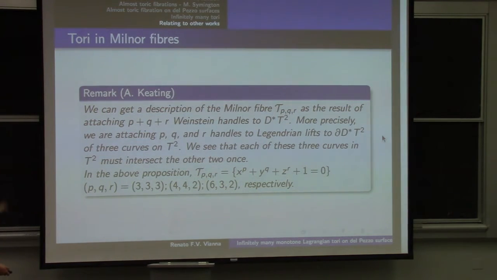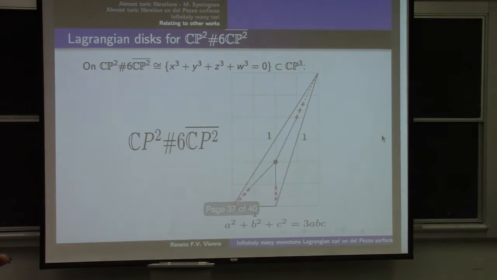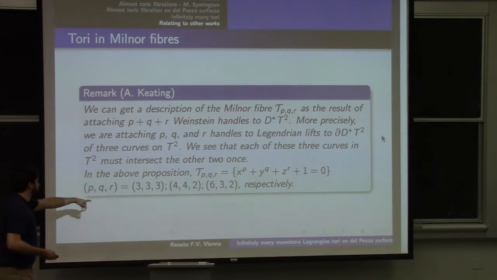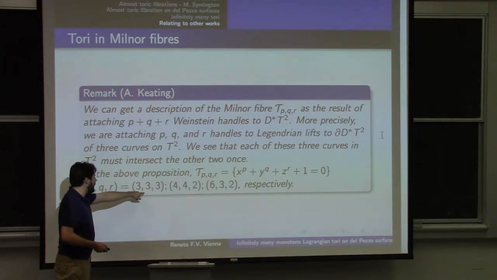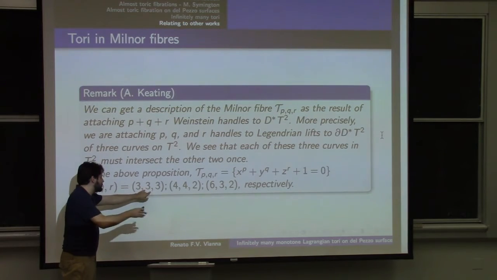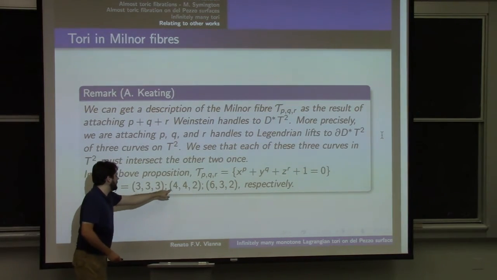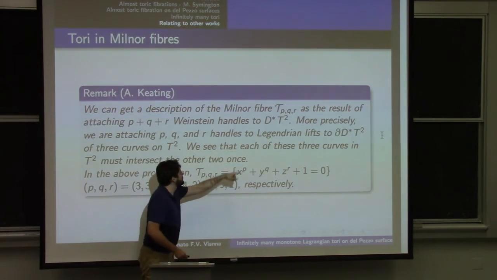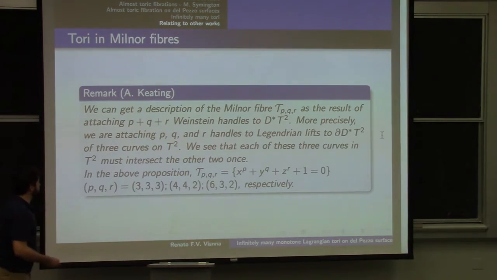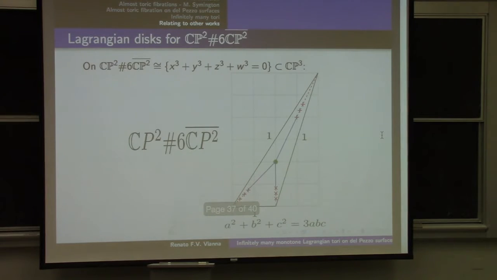And then if you go to my list that I gave you, you're going to find precisely almost toric fibrations such that the distribution of the nodes are 333, 442, and 632 for the degree 3, 2, 1 del Pezzo surface.